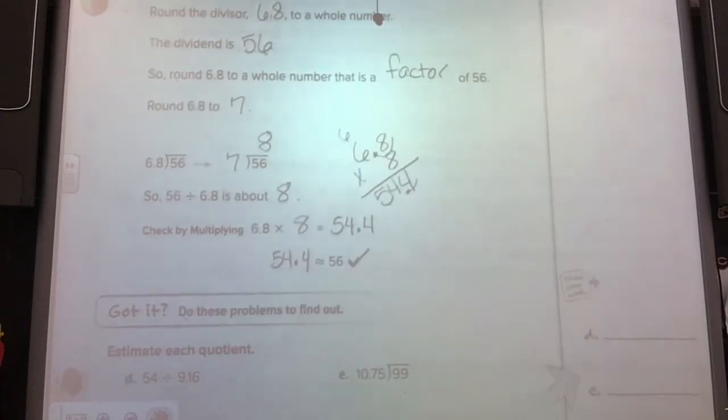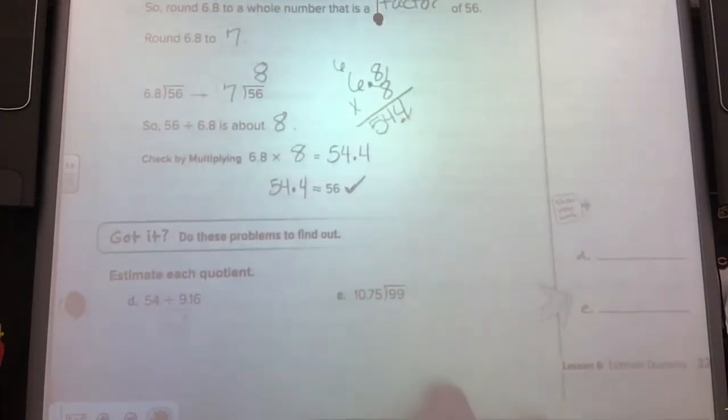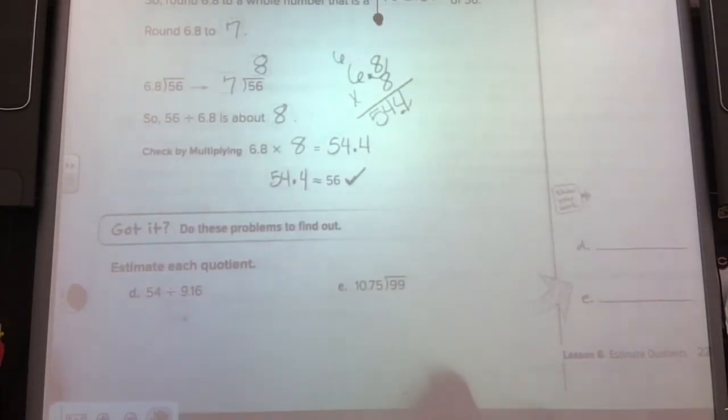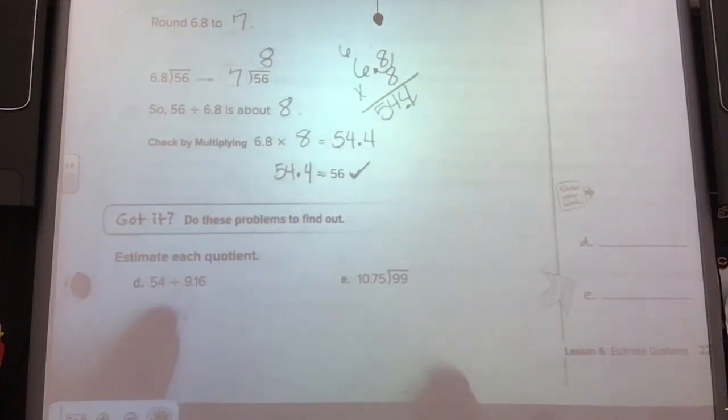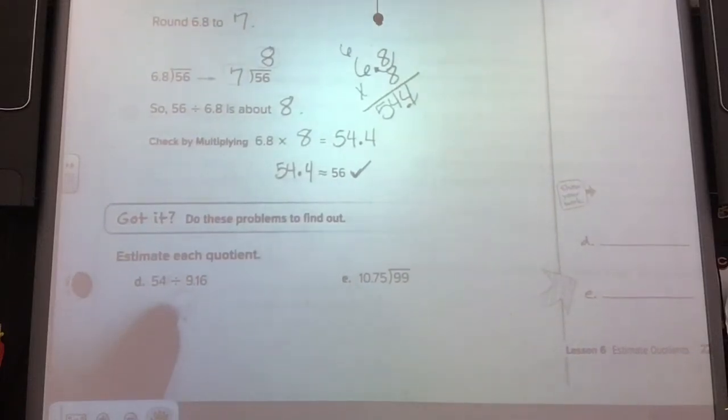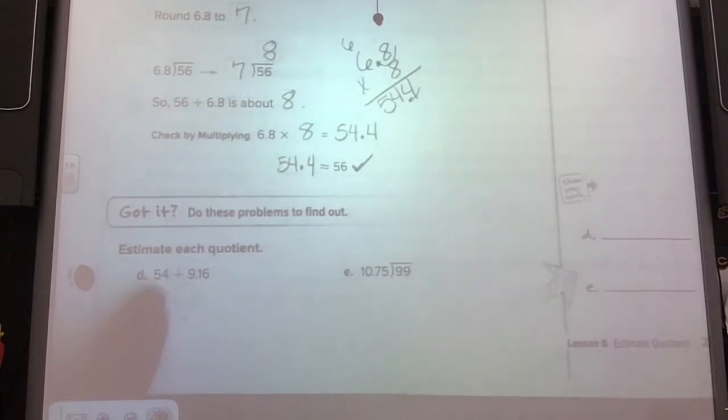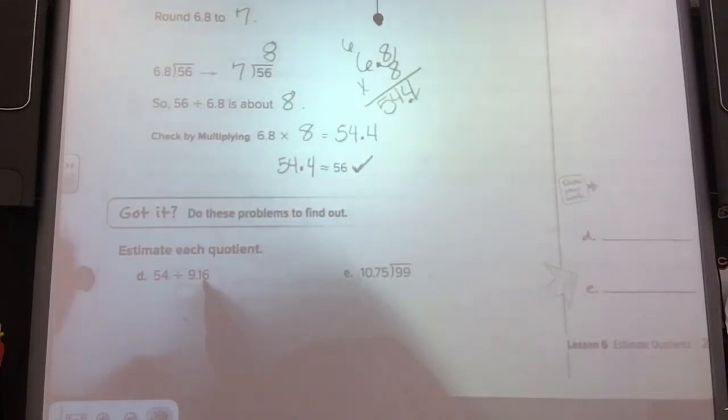All right, we are going to do these Got It problems. I've been letting you do them on your own, but I want to make sure you have this down. So let's think about this. 54 divided by 9.16. What is a factor of 54 that is close to 9.16?